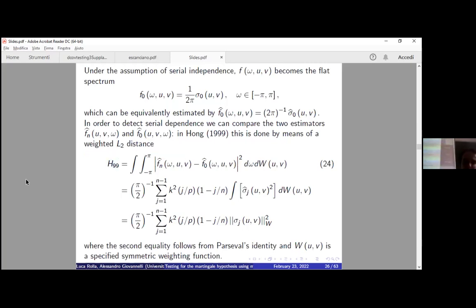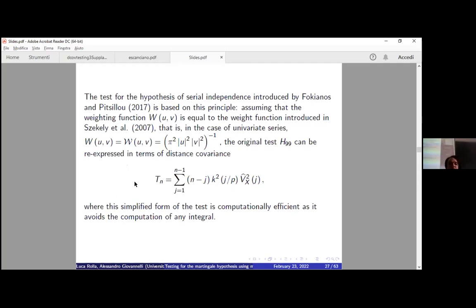They find an expression which is this, and this is the test statistic of serial independence that Fokianos defines. And this statistic is actually capable of finding any form of serial dependence in the data.